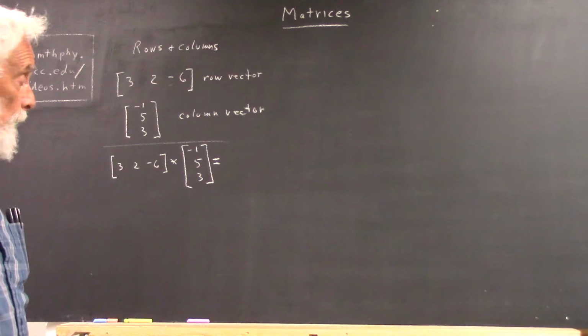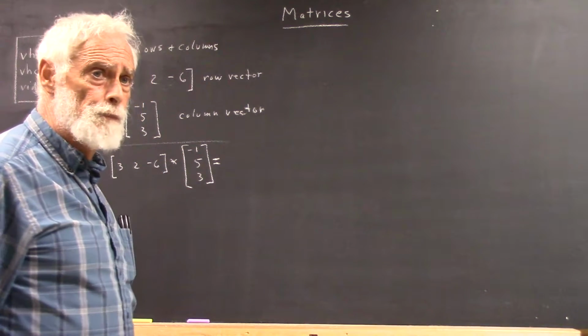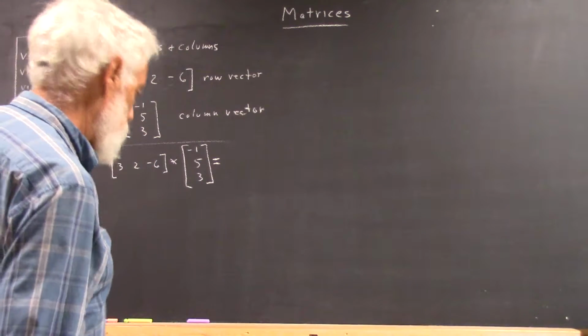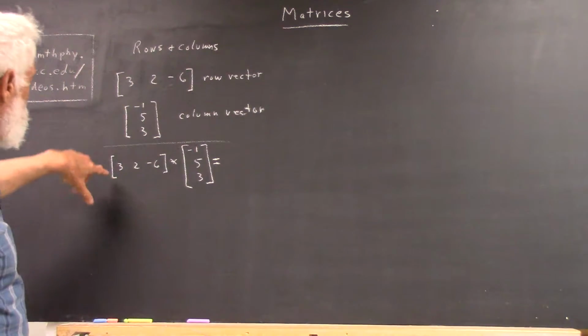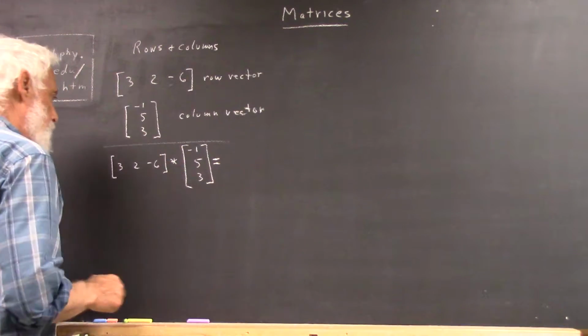For example, if the numbers in this column, well, I'm not going to do that example. Don't want to write it out. I'll come back to it in a minute and actually write it out then.